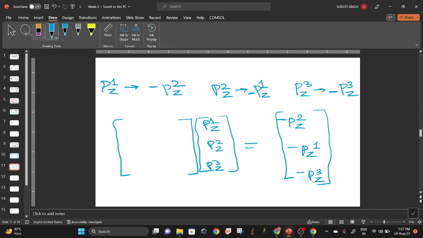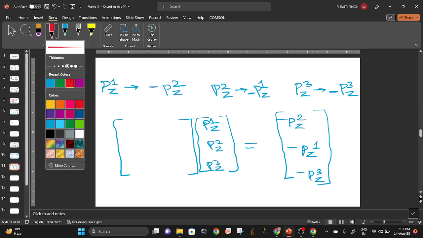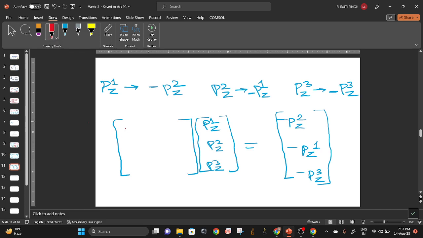Now can you write the matrix? What will be the first row? It is 0 minus 1 0, because 1 is getting transformed into 2, so the second column will be 1, and it is getting transformed with a lobe sign change, so we have written it as minus 1. Similarly pz2 is getting transformed to pz1, so this will be minus 1 0 0, and this will be 0 0 minus 1 itself, because it is not changing its position.